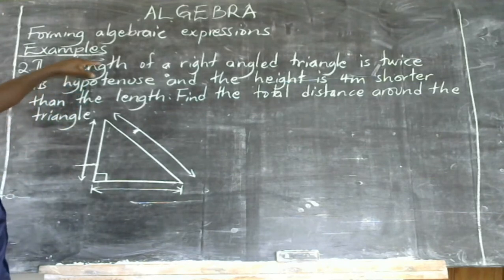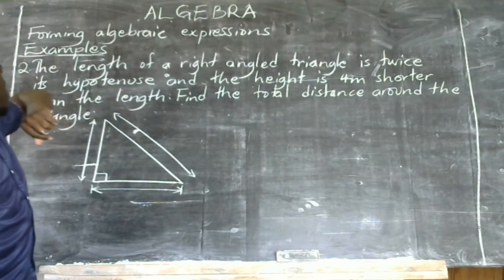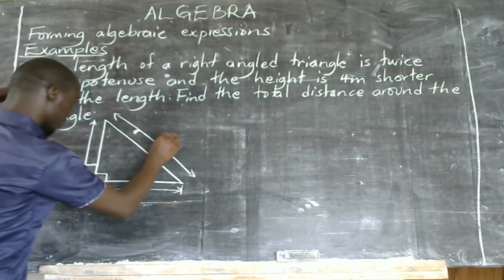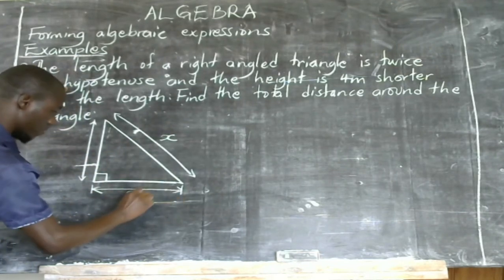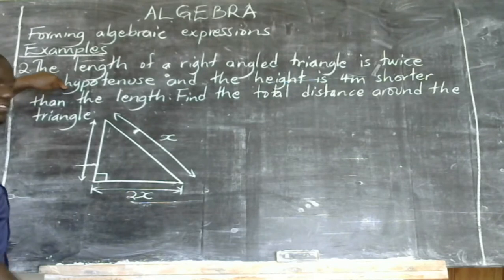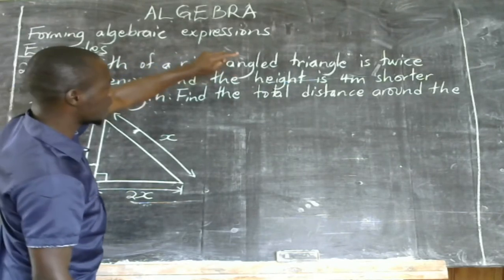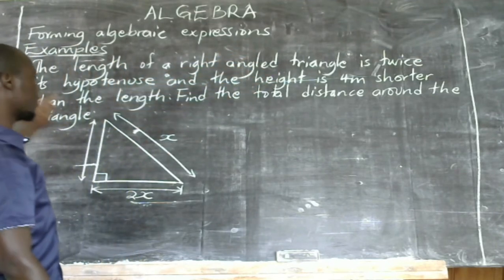So they are saying that the length of a right angled triangle is twice the hypotenuse. If my hypotenuse is x, that means this length of mine is going to be 2 times x. Then the height is 4 meters shorter than the length.